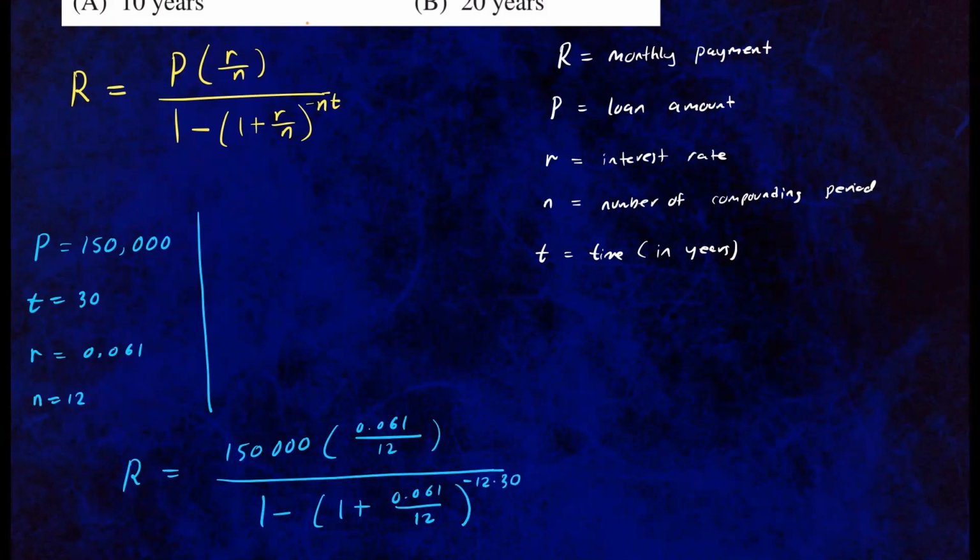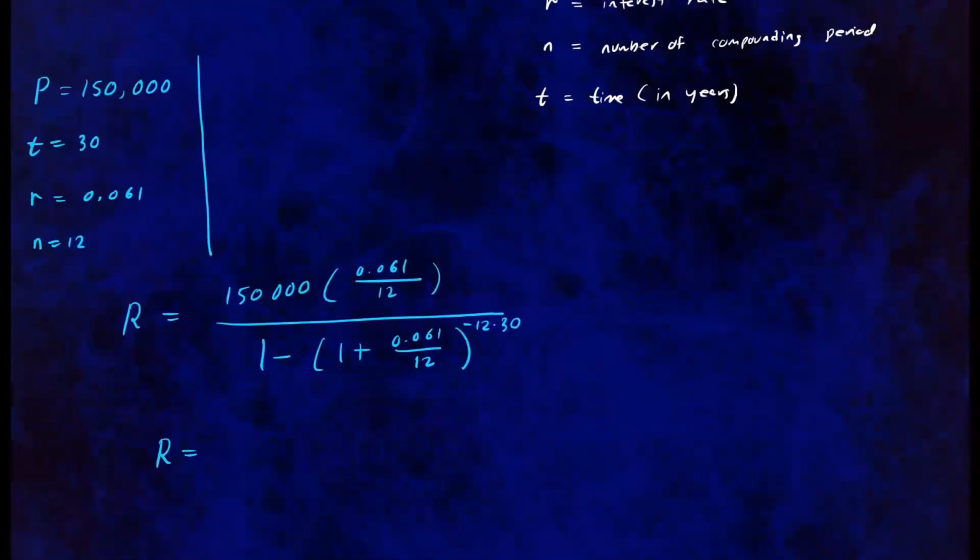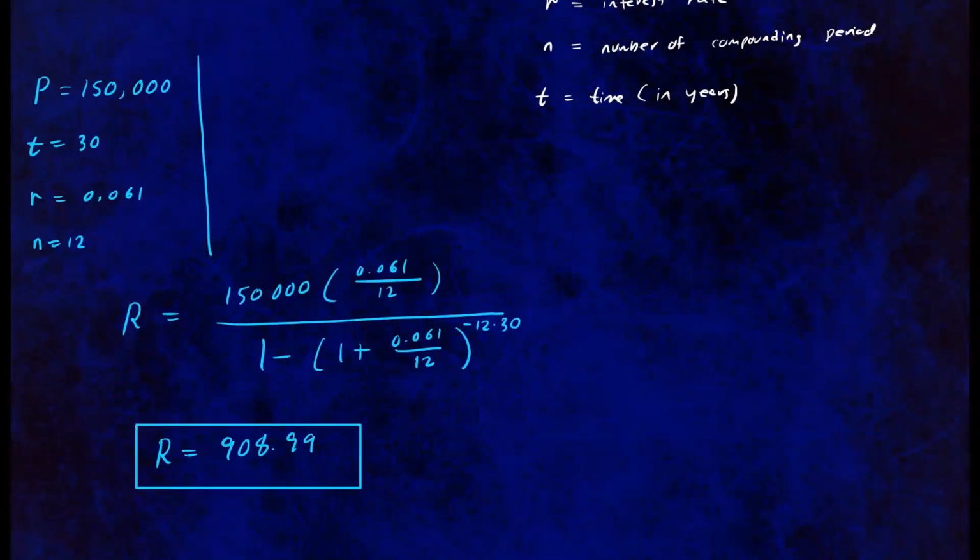So this will give you the monthly payment. Now, if you put this in your calculator carefully, you'll get that R happens to be $908.99. So this is the monthly payment. That answers the first part.